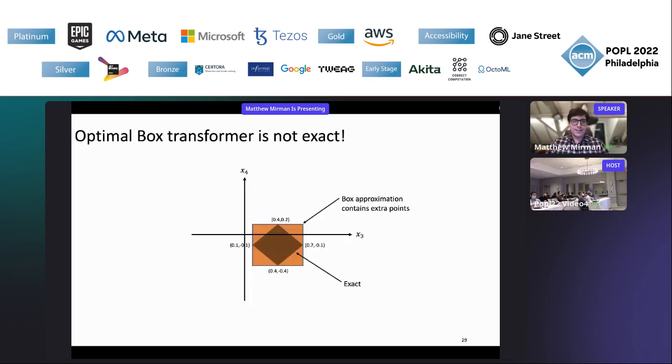We can visualize this here where the output box is in bright orange and is a clear strict superset of the actual possible values, which is the diamond in the center.